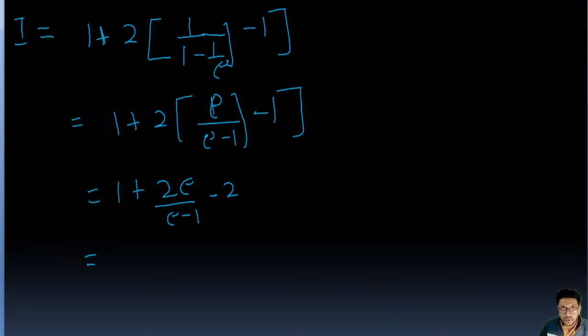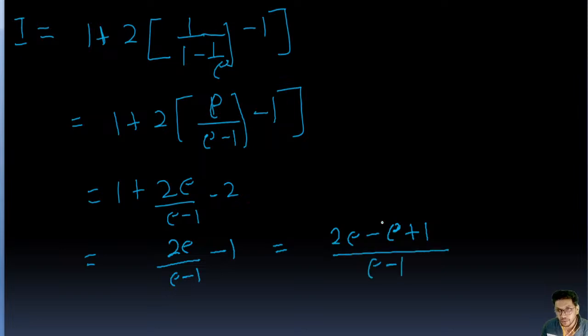What calculation mistake have I done? Let me just check. This one is this 2E. This is going to be 2E into E minus 1. This one gets affected. This is going to be 1, right? So now we'll solve it. This is going to be 2E minus E plus 1 upon E minus 1. Okay, so this is going to be E plus 1 upon E minus 1. Yeah, this is the correct answer, guys. A little bit of mistake in calculation. Okay, so this is the answer, guys.